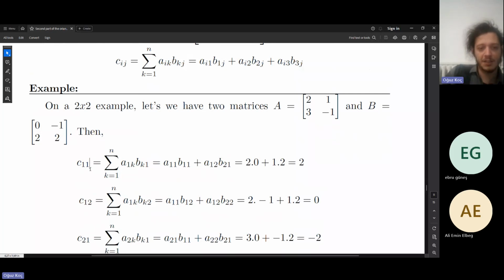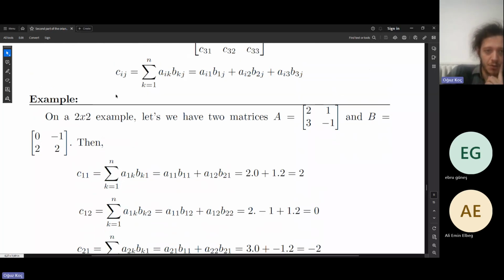We just want to calculate the element in the first row and the first column of the matrix here. We put those values into the i and j in this formula. i is equal to 1, so we put 1 here, and j is equal to 1, so we put 1 here.